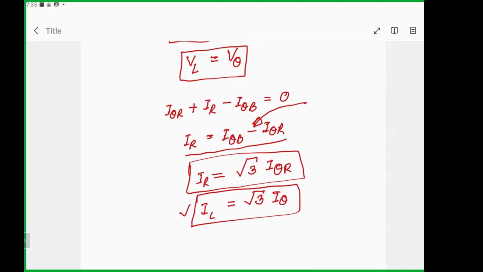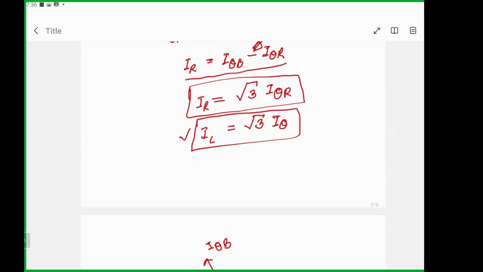All right. Any question? This is the relation we have to keep in mind. It is important to understand in order to establish any mathematical relation. Any question regarding this?